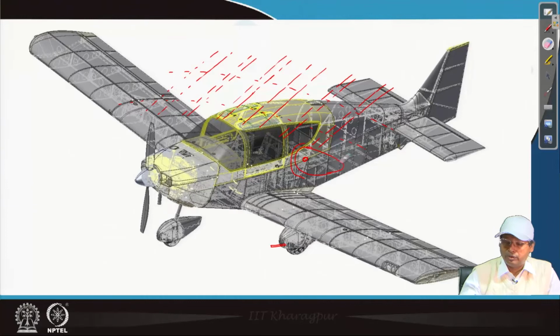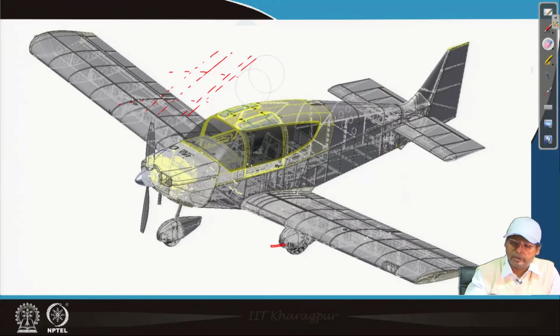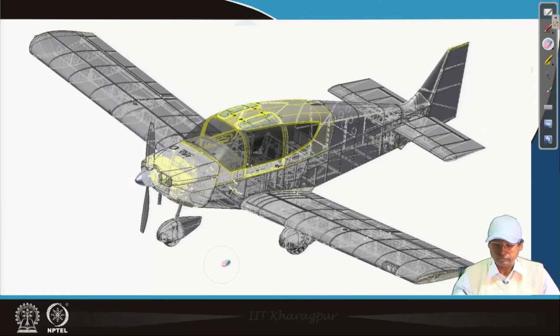So, again, if we look at the wing rib construction, that is to some extent more prominent here, how all those ribs come. If you notice, the number of ribs increases in the root section, and it reduces at the tip sections.